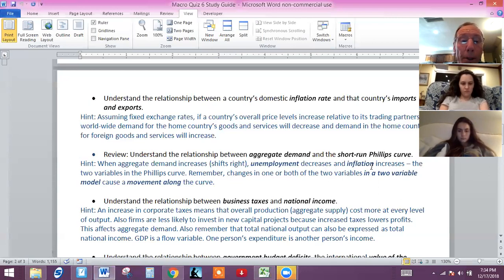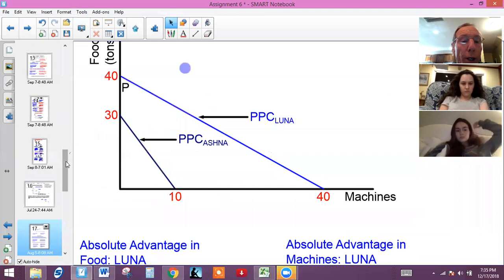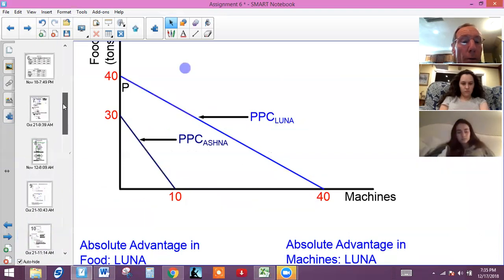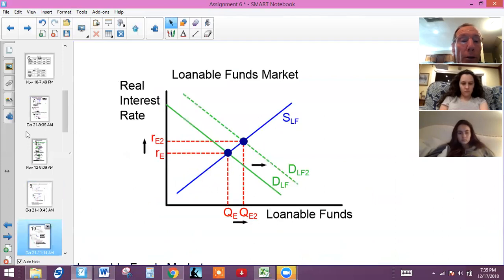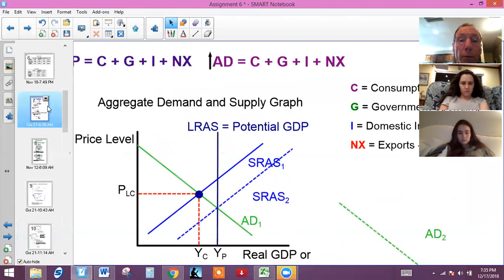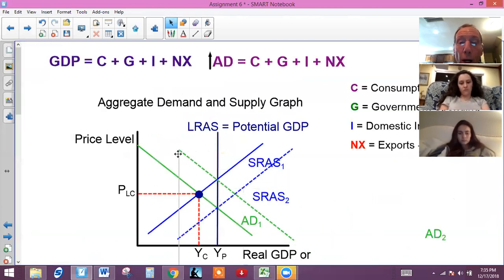So if we have a shift to the right, I'm going to jump back over here really quick and show you. Find the graph. Wrong graph. Okay. If this shifts this way, then you're going to get higher price levels.